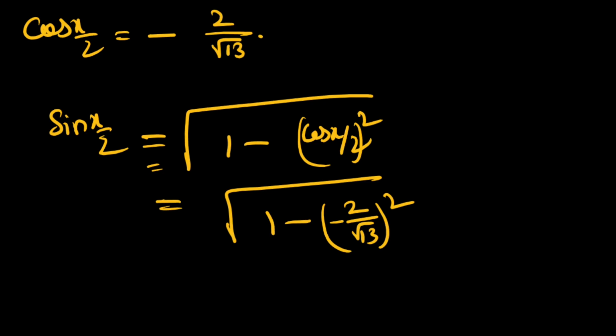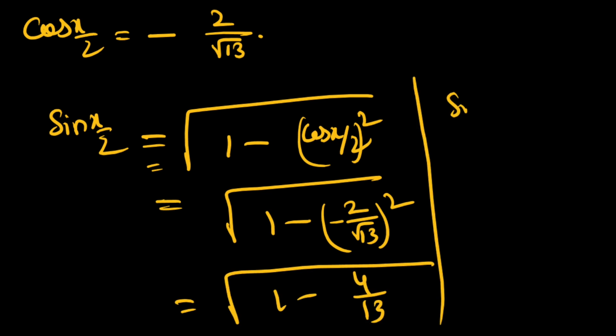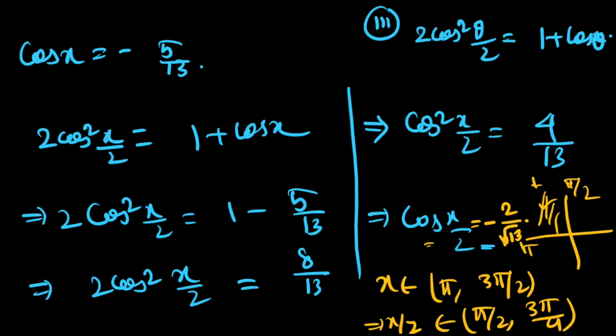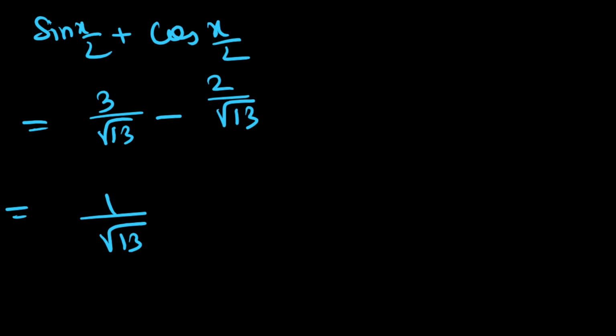So 1 minus 4 by 13 gives root of 9 by 13, that is 3 by root 13. Therefore our expression sin x/2 plus cos x/2 has values 3 by root 13 and minus 2 by root 13. So we put them in, and we get 1 by root 13. If you see the options, option 4 is the correct option.